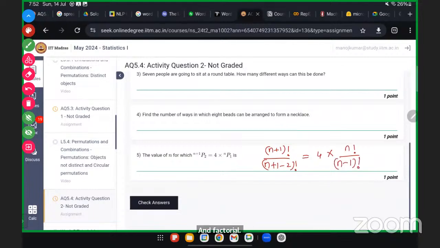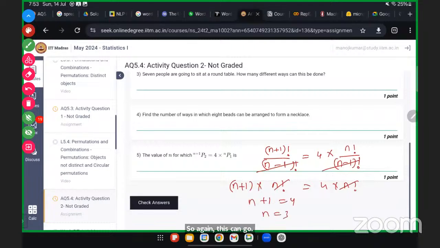Now, n plus 1 minus 2 is n minus 1 factorial, so both can be removed. And (n plus 1) factorial is (n plus 1) multiplied by n factorial. This is 4 into n factorial. So again, this can go away. So n plus 1 is equal to 4, then n is equal to 3.